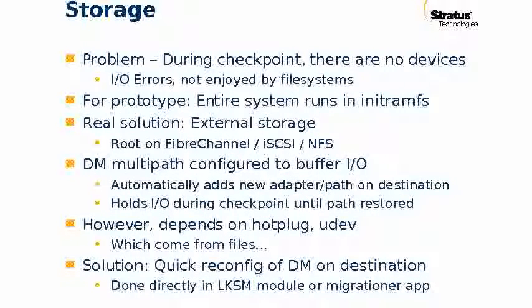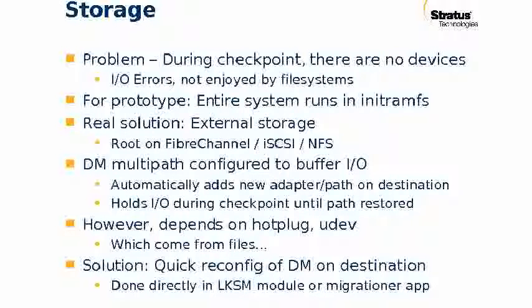What we did was use DM multipathing and configured it to, instead of failing I/O when it loses the last path to a LUN, just buffer it and hang on to it for some amount of time. And we can do the switchover quickly enough that I/Os don't actually have to time out. And then once a new path is added, DM just does the right thing. It discovers a new path to the one it was looking for, and things unblock and go.